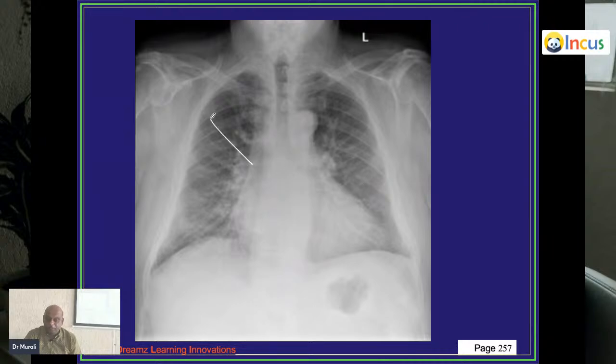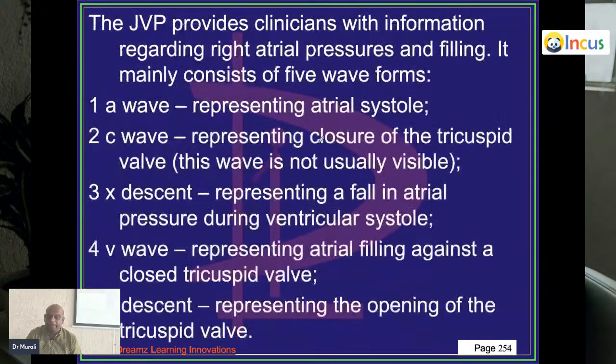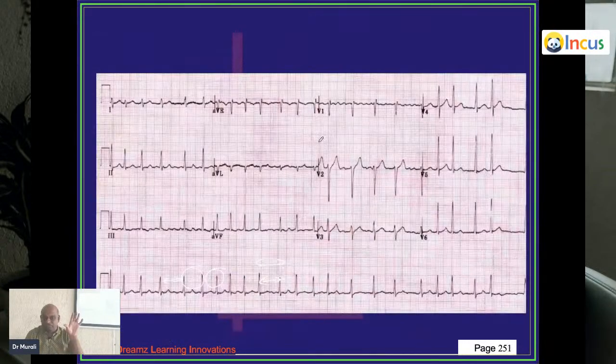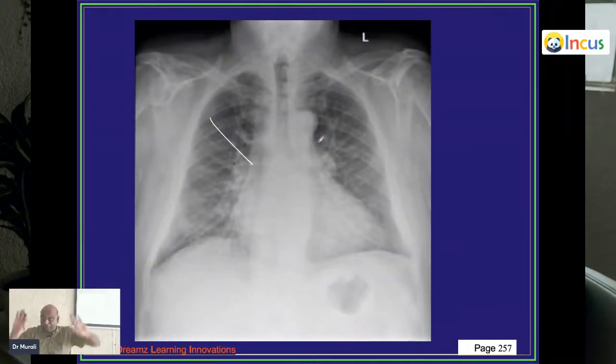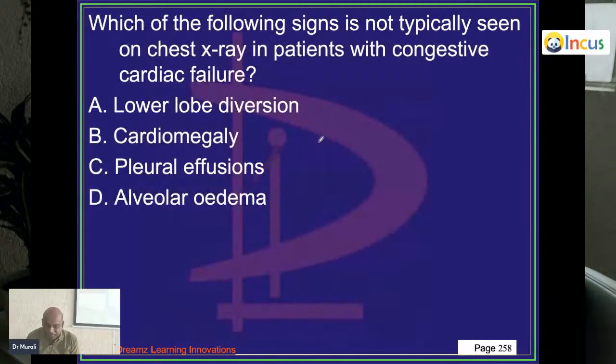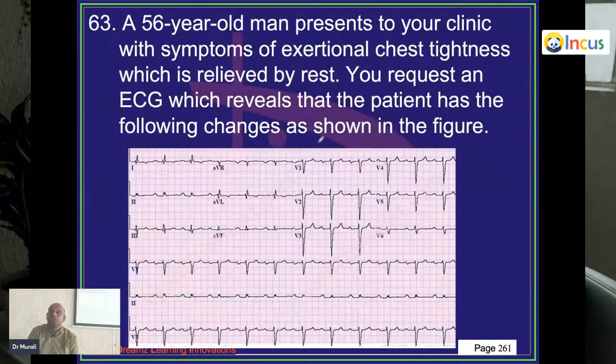There is a prominence of the pulmonary vessels in the upper lobe, upward direction, not downward. That is the classical feature. Then bat wing appearance of the pulmonary edema. Increased size of the heart. So they are all the features. So upper lobe diversion, not lower lobe diversion, is what you typically see.